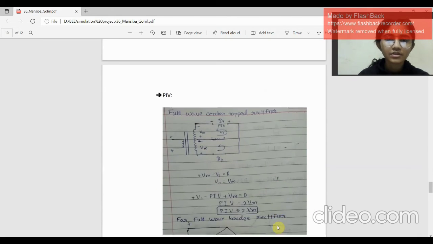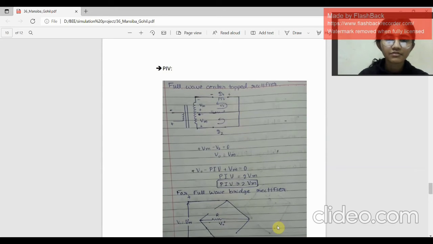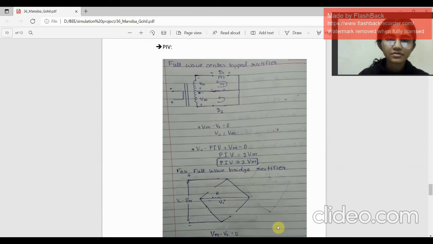Now, if we talk about the PIV of the full wave rectifier, as I explained earlier, peak inverse voltage is known as the PIV. Now, this is the calculation for the center tapped rectifier.